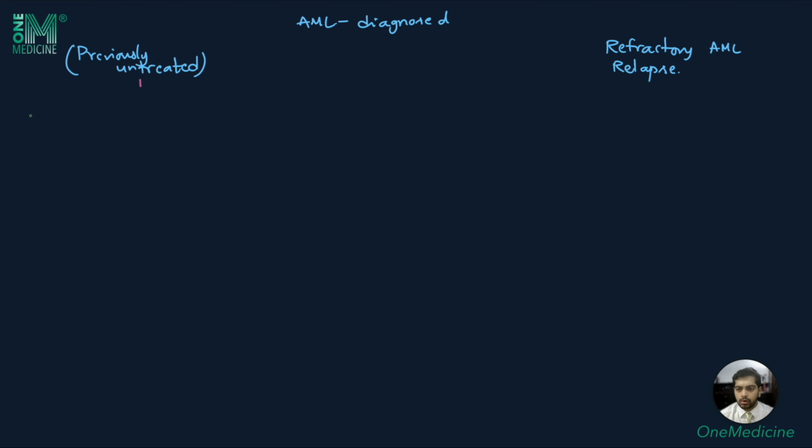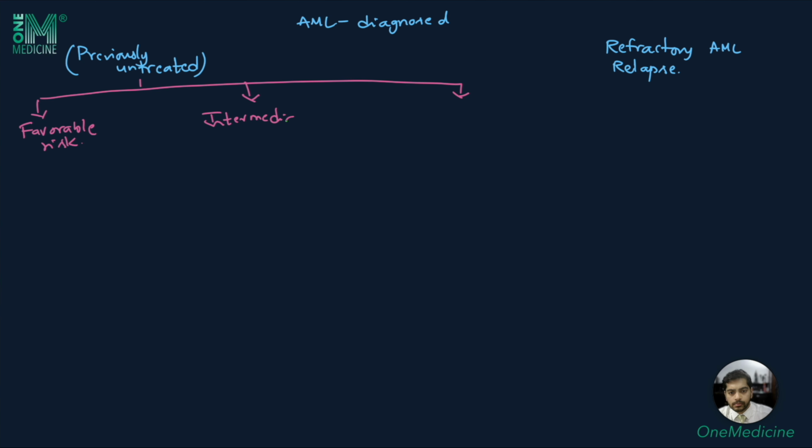Previously untreated or new patients are further divided into three categories: patients with favorable risk, patients with intermediate risk, and patients with high risk, or also called adverse risk. All these patients can be treated in two ways.